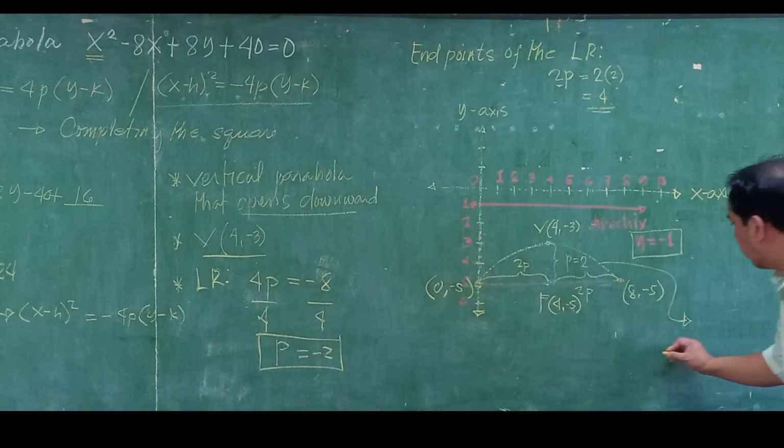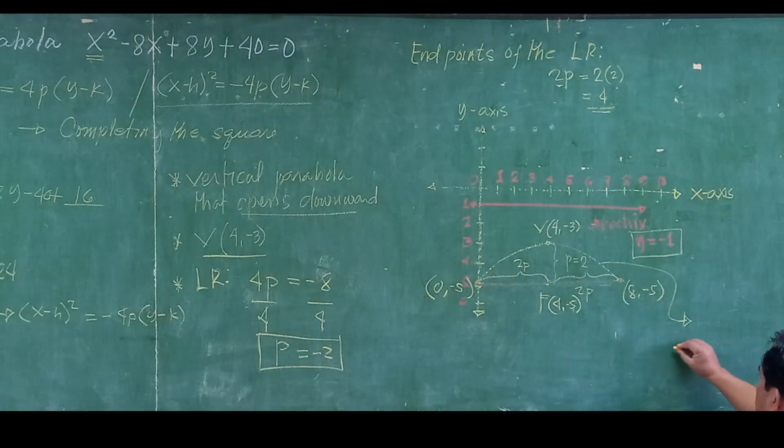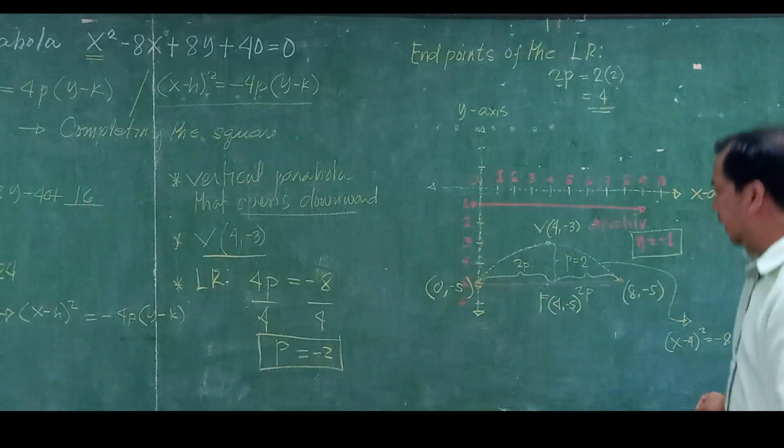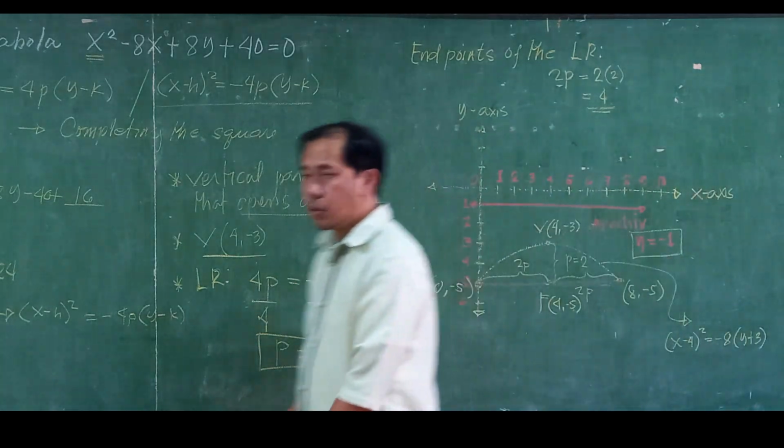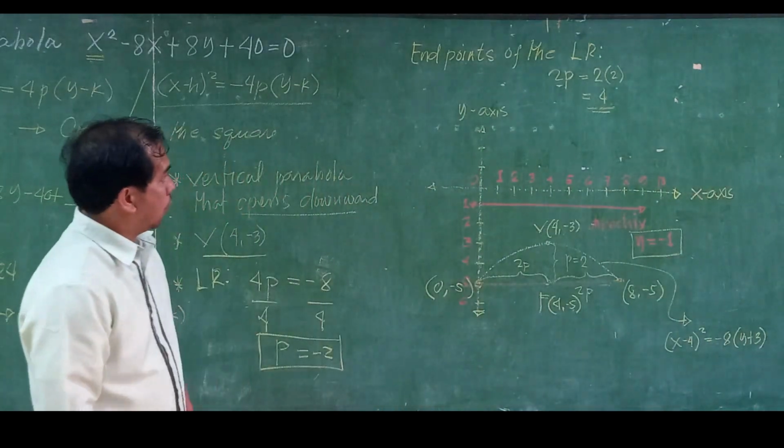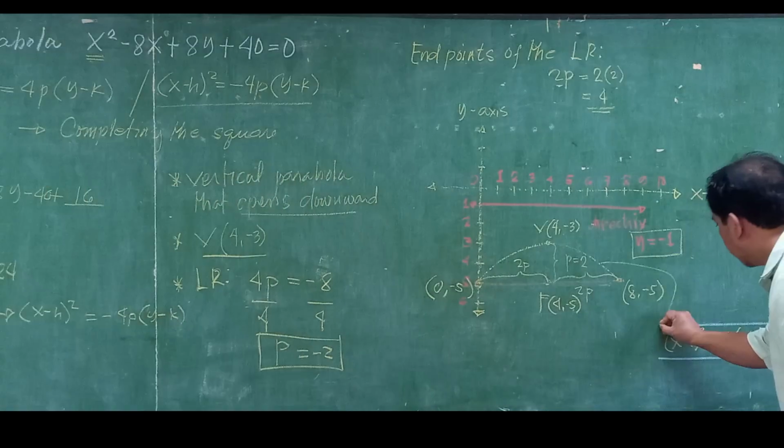What is the name of our parabola? That is the quantity x minus 4 raised to the second power is equal to negative 8 multiplied by the quantity y plus 3. And so, that is the graph of the parabola.